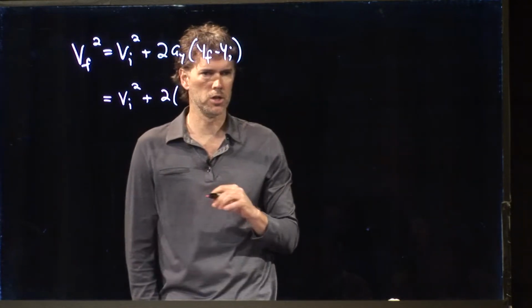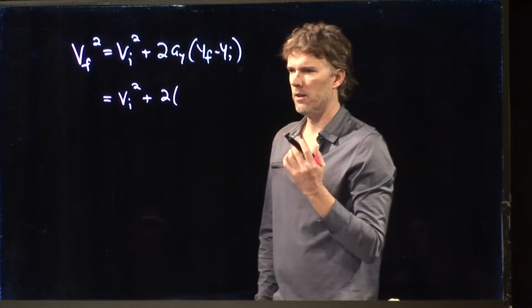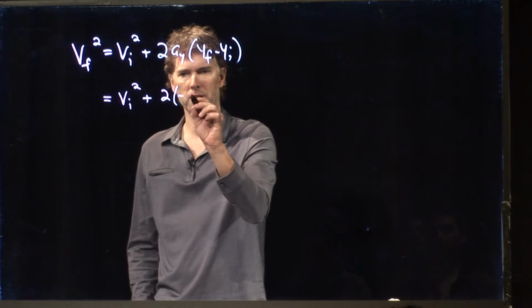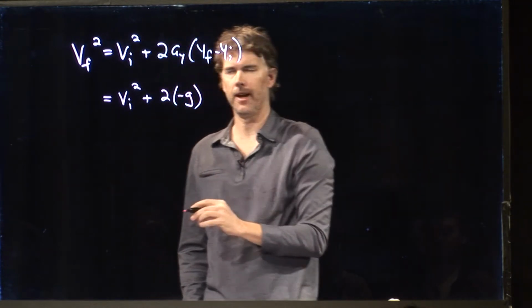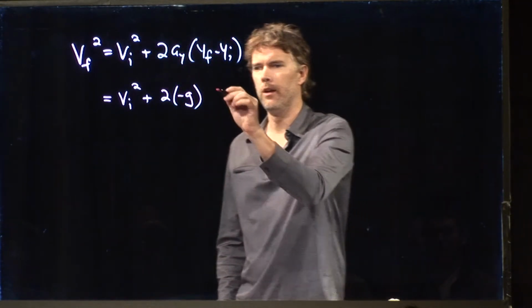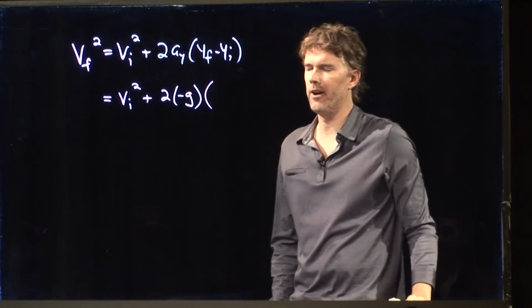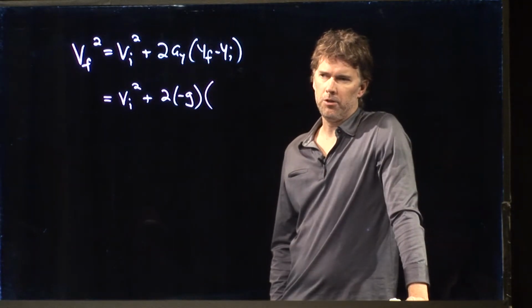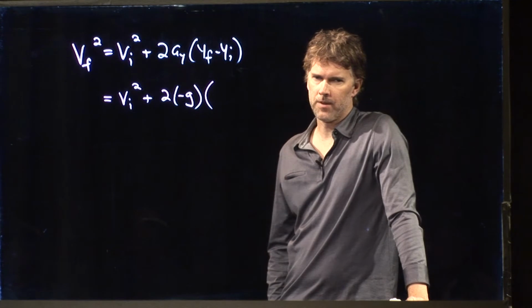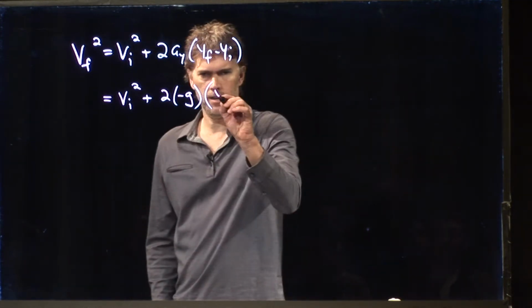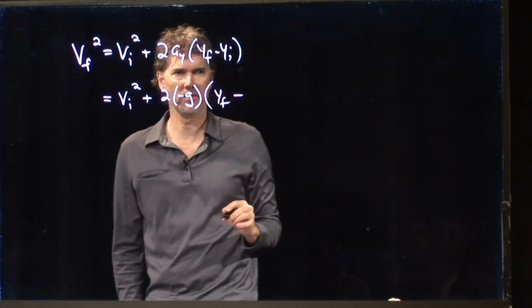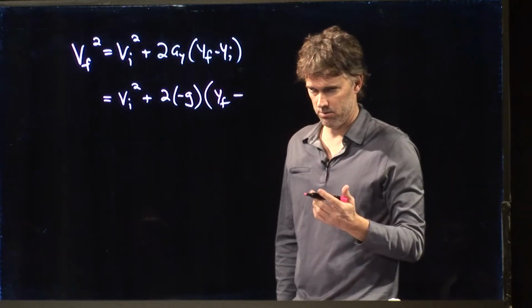What is the acceleration due to gravity? Minus g. Negative 9.8 meters per second squared. What about y final? What is y final going to be? Negative 10. And if y final is negative 10, what is y initial? 0.